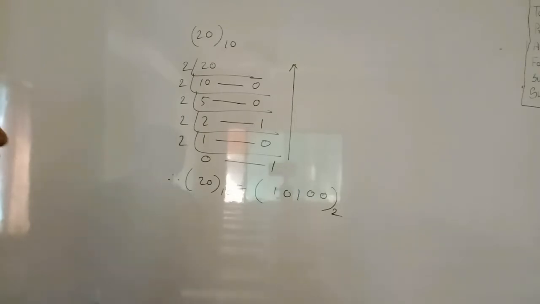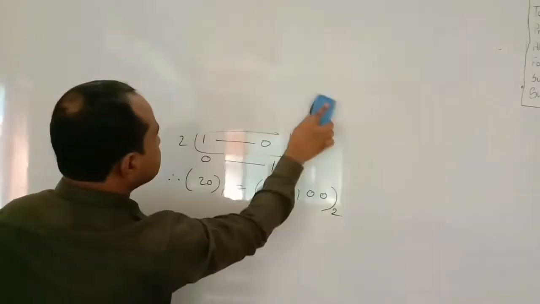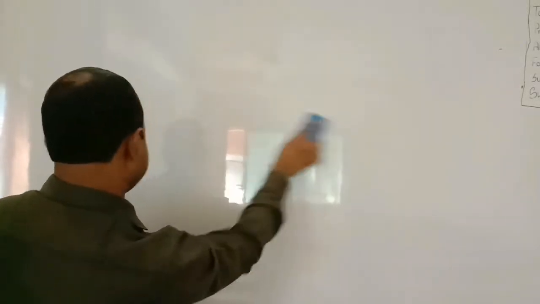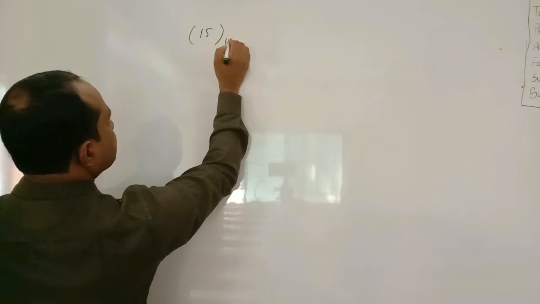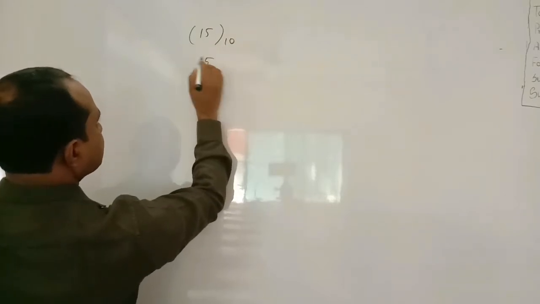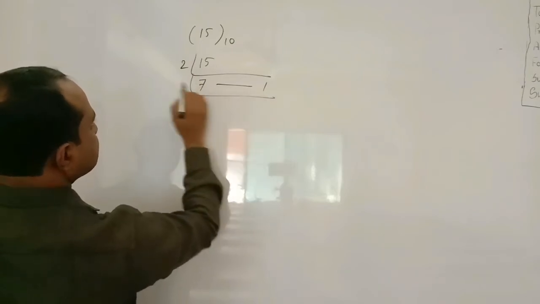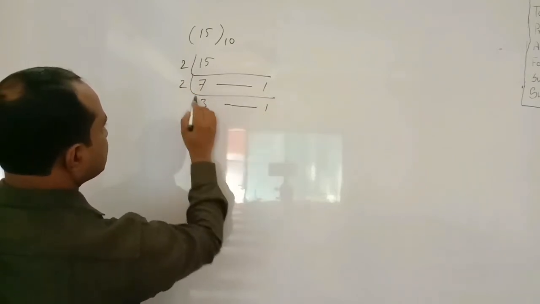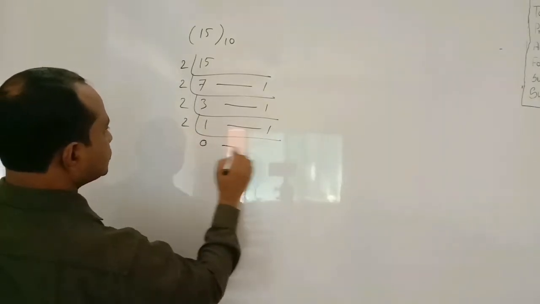Again, I have to convert 15 into binary with the same process. 15 equals 1 1 1 1.